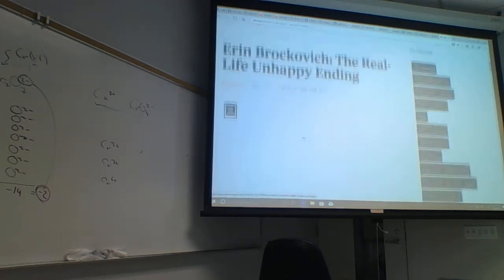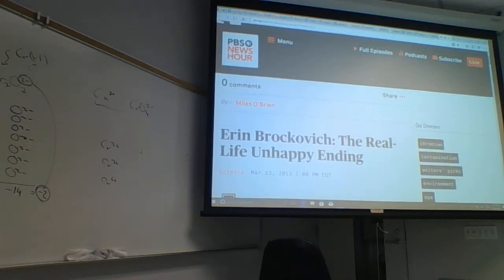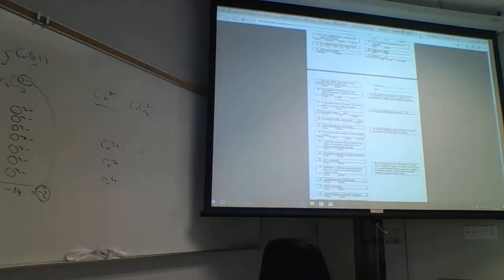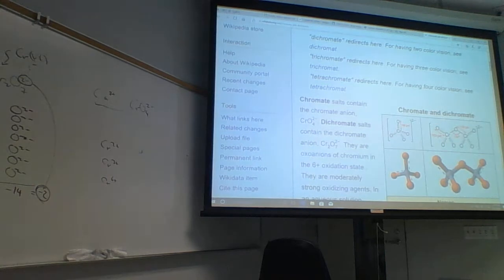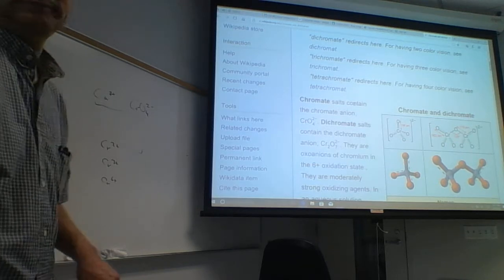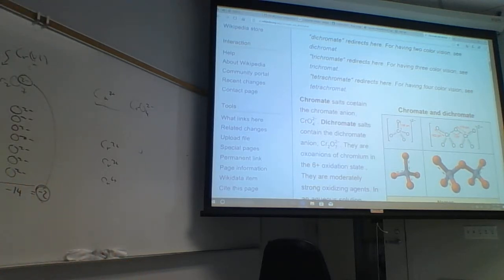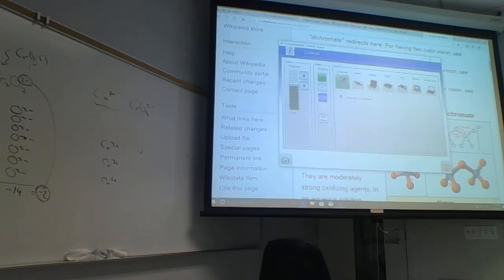Well, anyway, if you're interested, you can read more about it. Yeah, chromium-6 is used in lots of different stuff for different things. But let's continue on with practice.